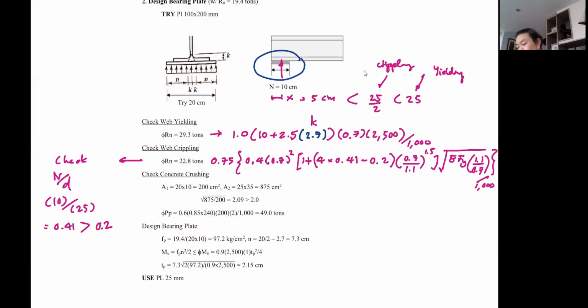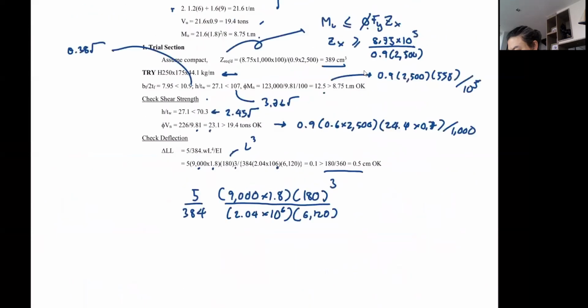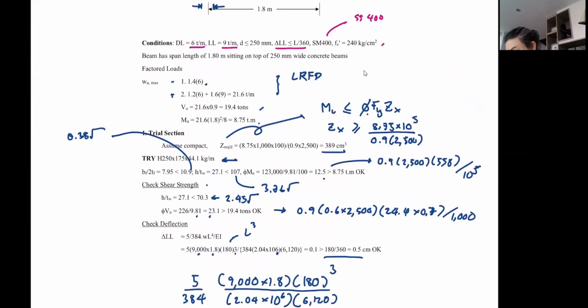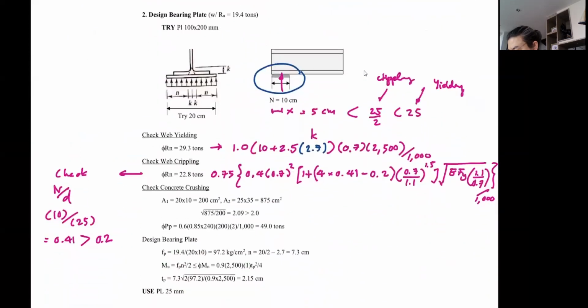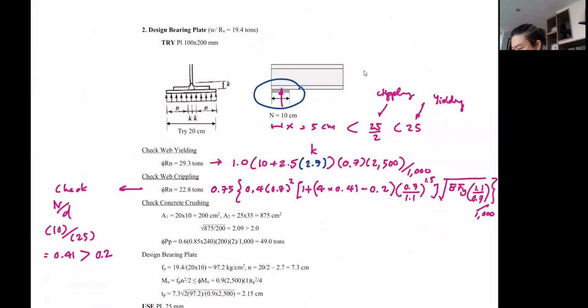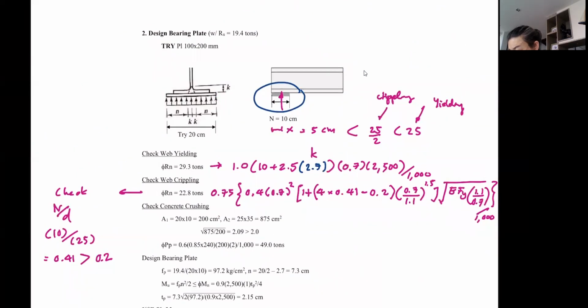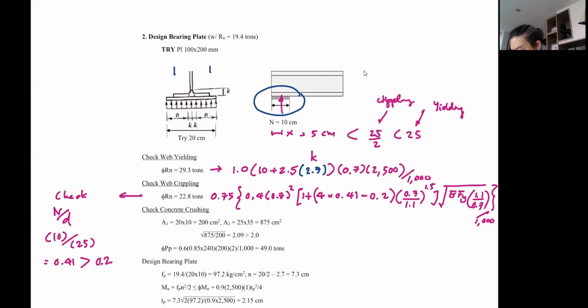All right, now let's move on to the concrete crushing. Let's say the width of the beam. Now we use H 125 by 250, right? The width here is 175 millimeter or 17.5 centimeters.